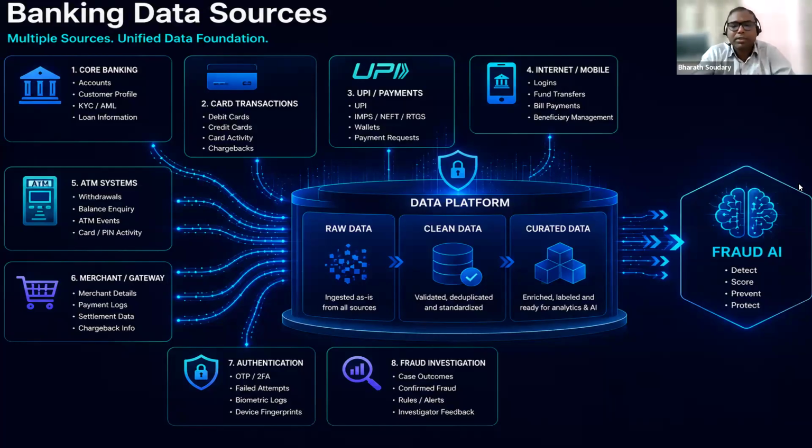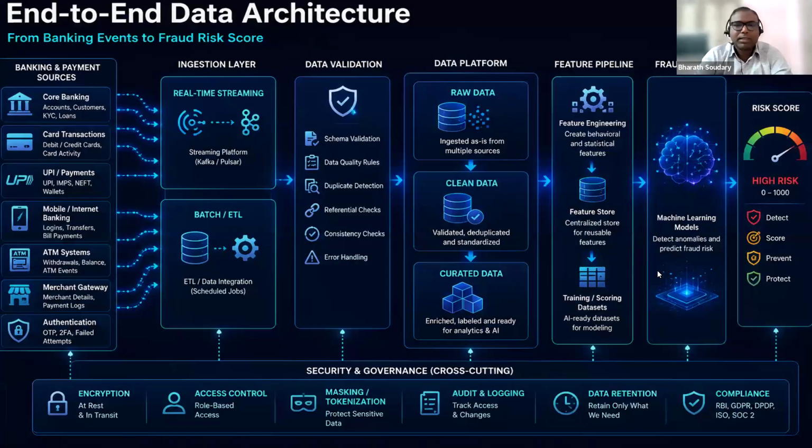If a risk score is about 92 out of 100, it is a high risk. So the architecture shows how a simple banking event is gradually converted into a meaningful fraud risk decision. Okay, we'll move on to the next slide.